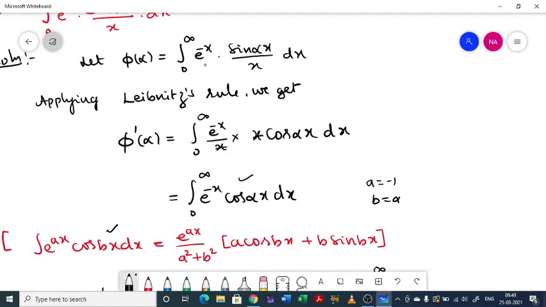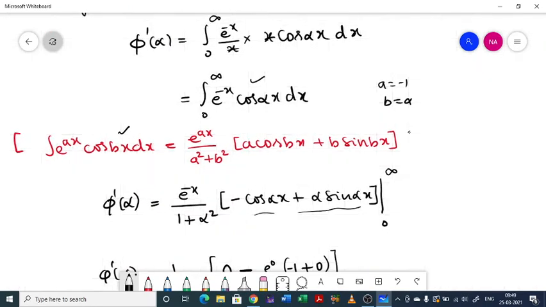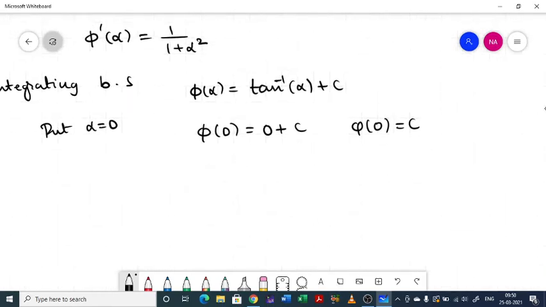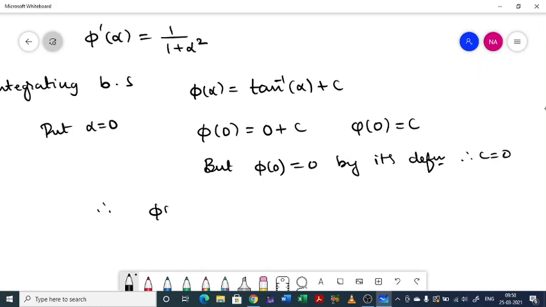If I put alpha equal to 0 here, sin 0 is 0. So 0 into some finite number, again that will be 0. So the whole integrand will be 0. So phi of 0 is 0. But phi of 0 equal to 0 by its definition. So we got c equal to 0. Therefore phi of alpha is equal to tan inverse of alpha.